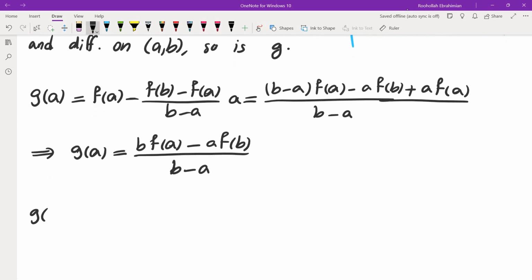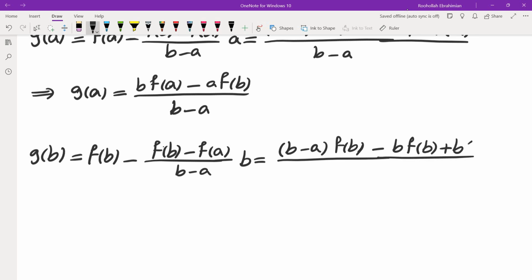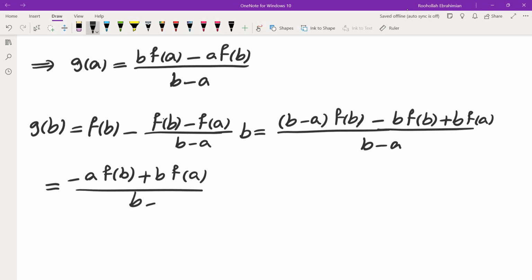Let's plug in b. Hopefully we get the same thing, and in that case we will be able to use Rolle's theorem. Multiplying by b minus a, taking the common denominator, b f of b plus b f of a over b minus a. b f of b cancels, we get minus a f of b plus b f of a over b minus a.